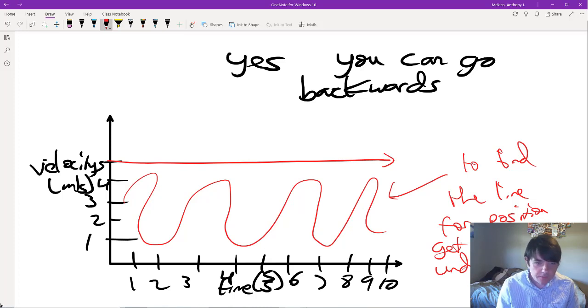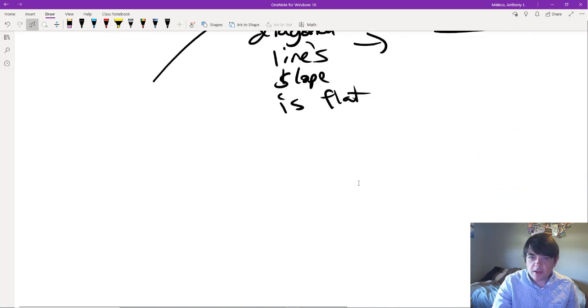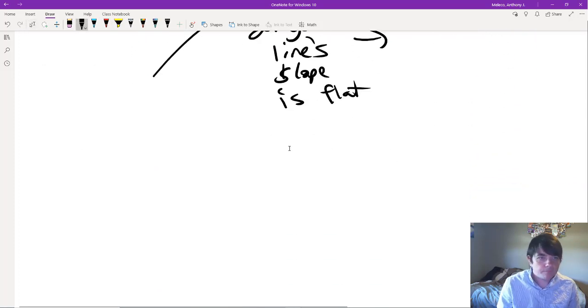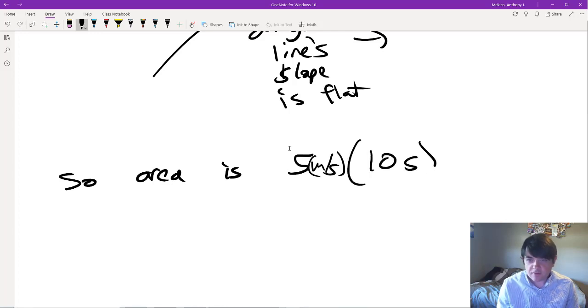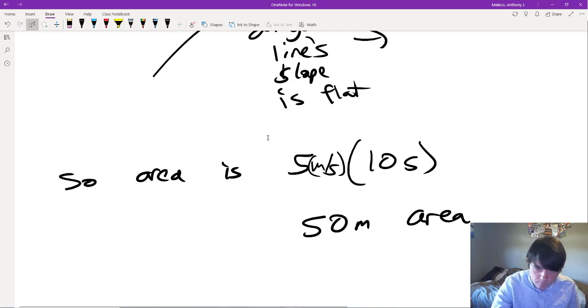So here it goes up to 5 and over 10. So the area is 5, and that's in meters per second, that's the unit, times 10 seconds. This will give us 50 meters of area, okay?